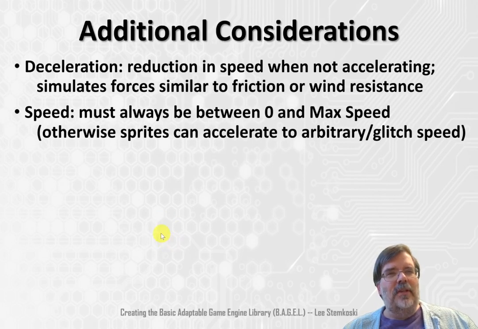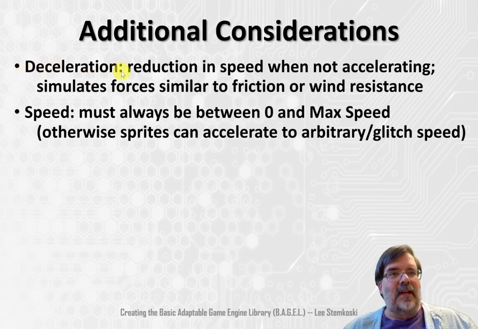Now, there's two other considerations we'll need to keep in mind before we write the physics class. We'd also like to consider deceleration. Right? As long as you're holding down one of the arrow keys, you're going to start accelerating, but what happens when you let go? In this case, we'd like to gently slow down, and that's called deceleration. Right?